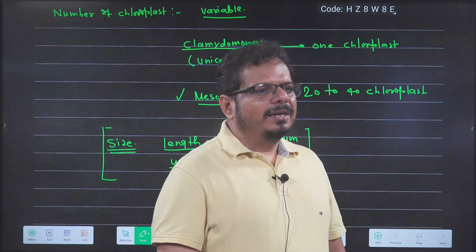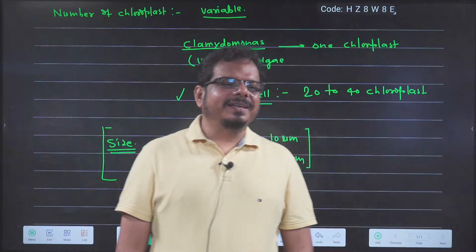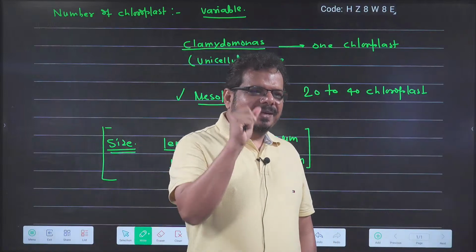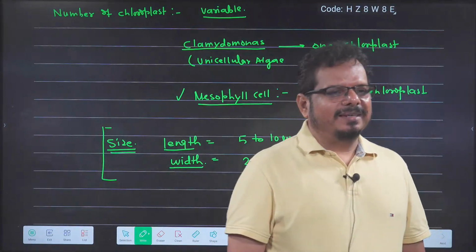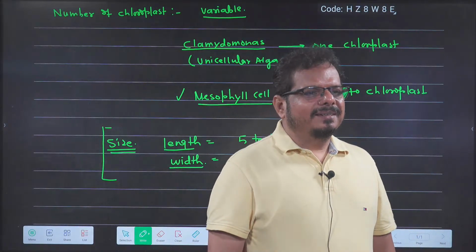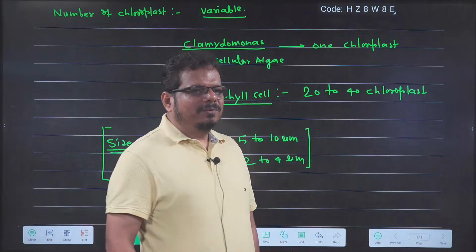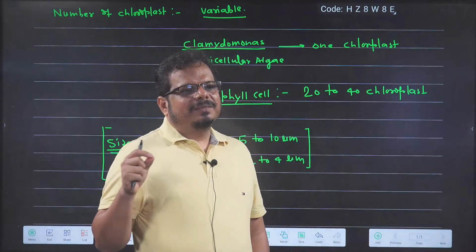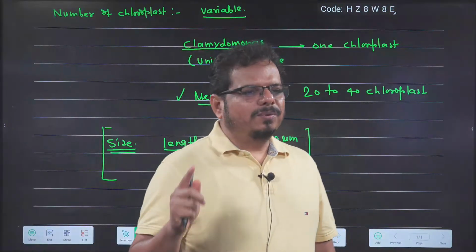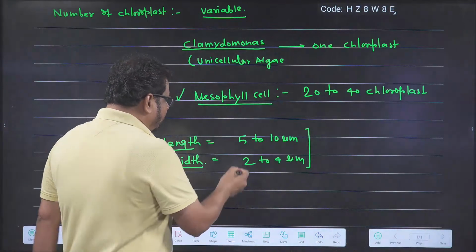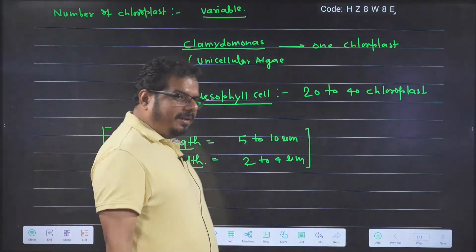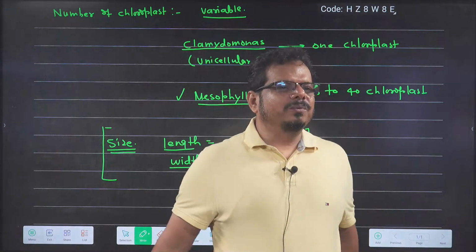So recall the size of mitochondria I told. The diameter I told was how much? 0.5 micrometer for mitochondria. And the length we told was how much? 1 micrometer to 4.1 micrometer. Got the idea? So who is bigger? Chloroplast is bigger in size compared to mitochondria.